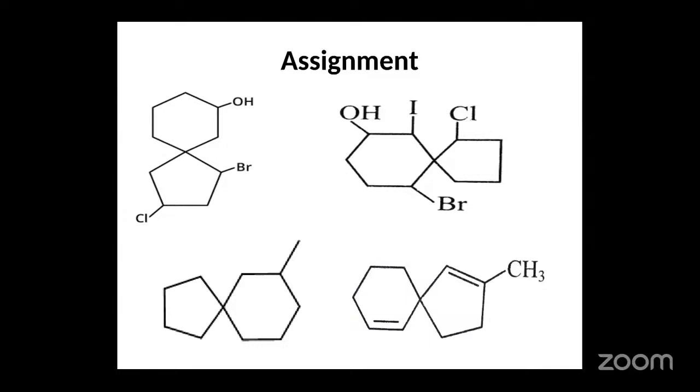Whenever you have 2 rings, spiro compounds, one can be 6, one can be 5, like we have. Assuming there is no substituent, the one that is 6 must still have priority. You have to make it the parent compound, starting your numbering from that because it has the highest number of carbons. The other one follows suit. Because there is a substituent here, we're going to start from that, giving it minimum number. So for structure number 3 and 4, it is going clockwise.